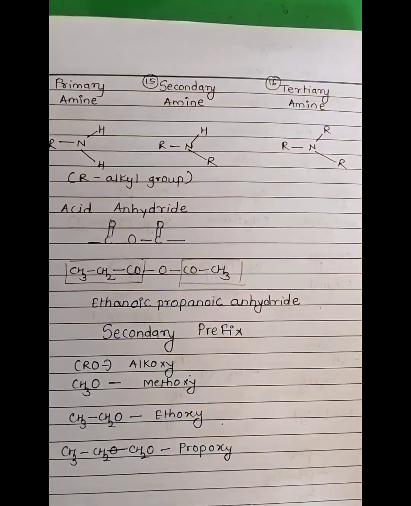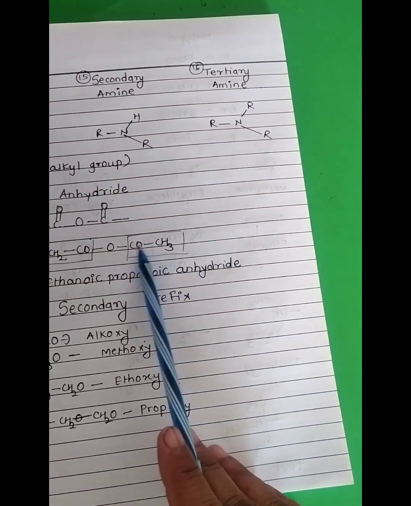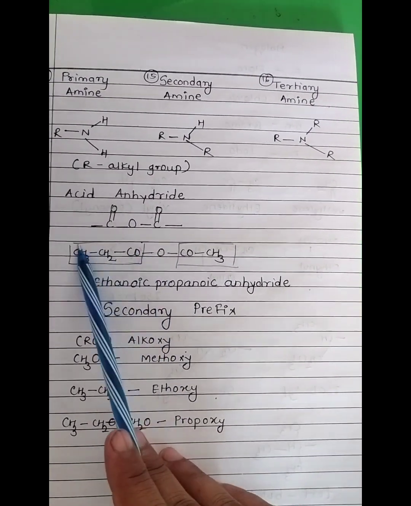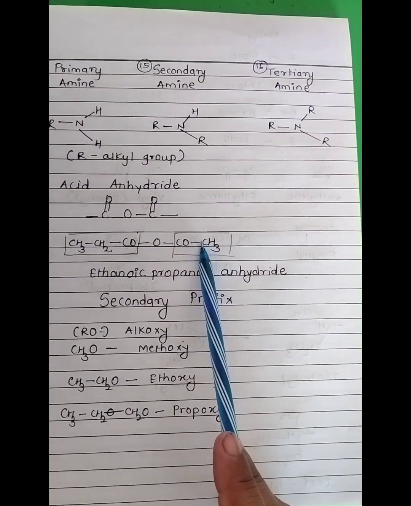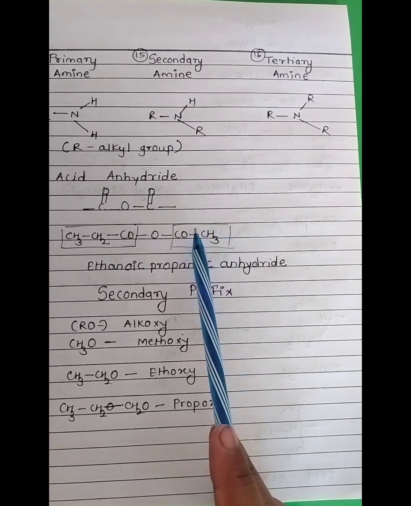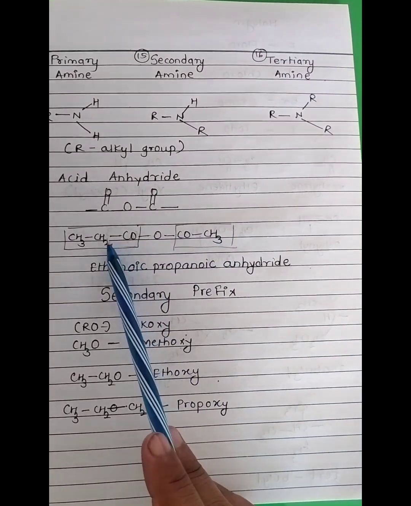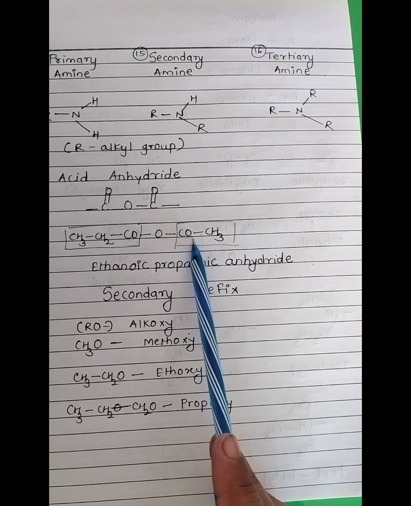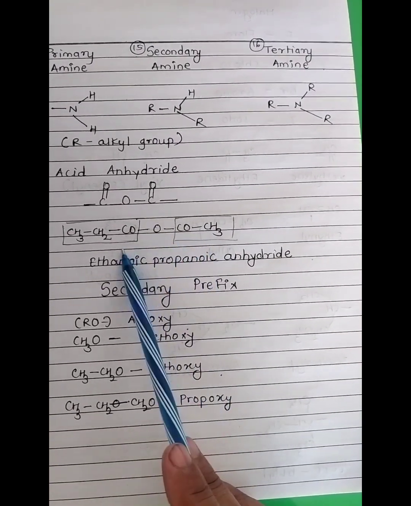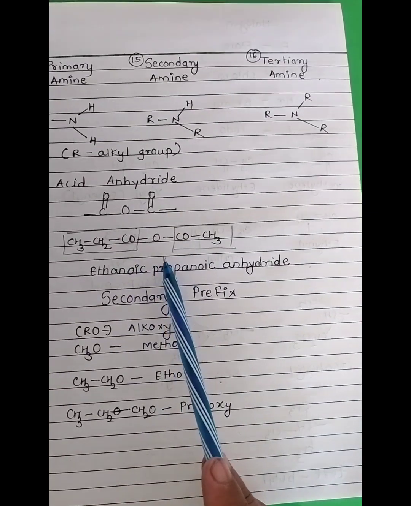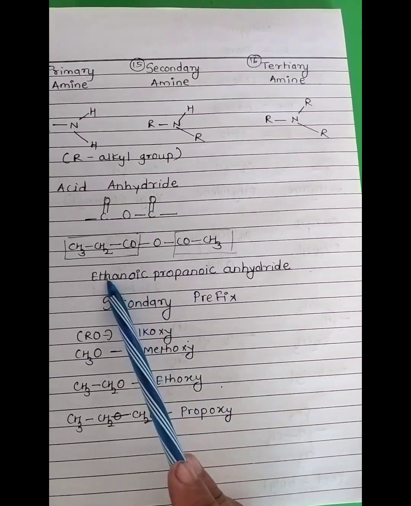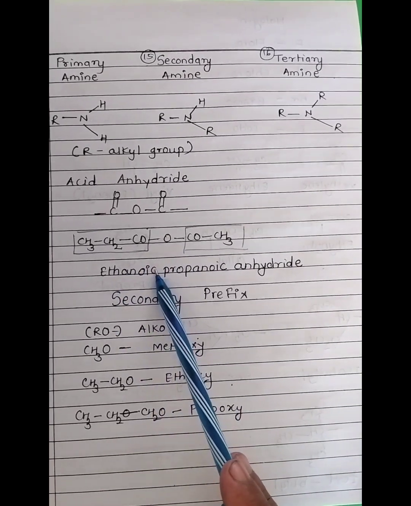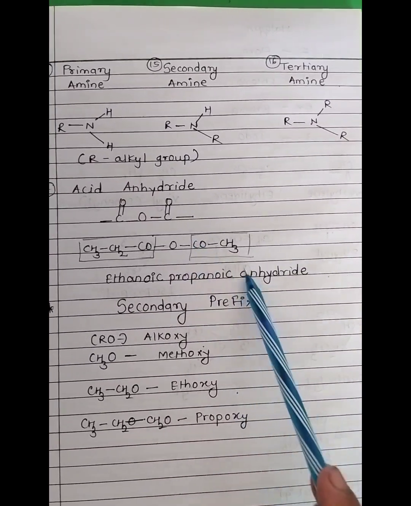Here 2 substituents CO CH3 and CO CH2 CH3. Here 3 carbon is present and here 2 carbon, so first methane ethane, so word root is ethane and here word root is propane, because of 3 carbon, and here for alphabetic order rule, so first we write ethane, so ethane acid anhydride functional group, so ethanoic, and here propanoic anhydride.